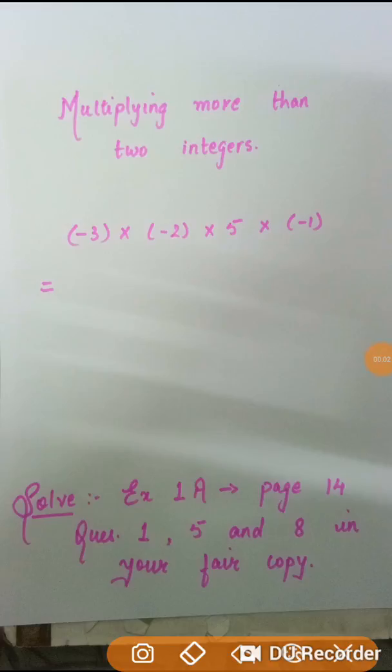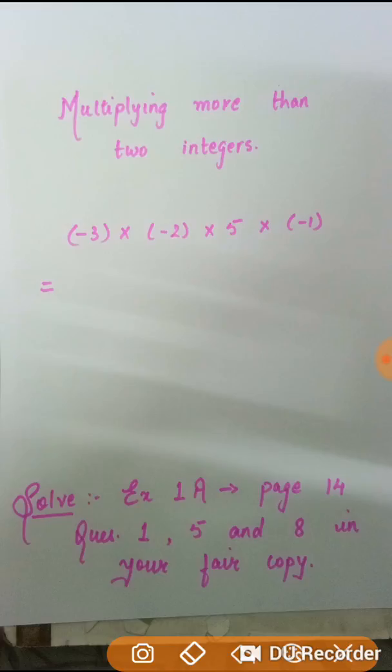Now let us multiply more than two integers. Here we apply the associative property, that multiplication of two or more than two integers in any way will give you the same product.